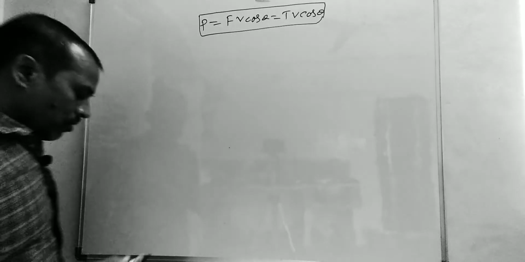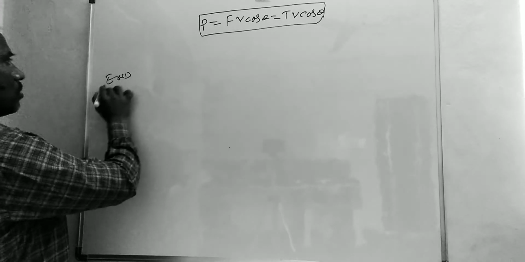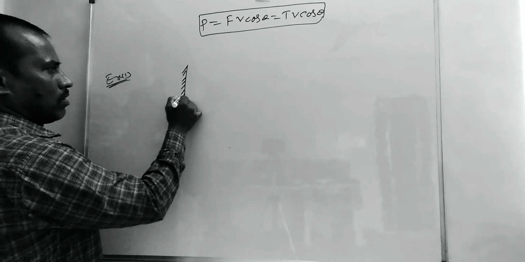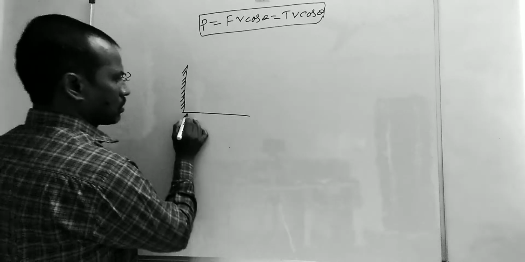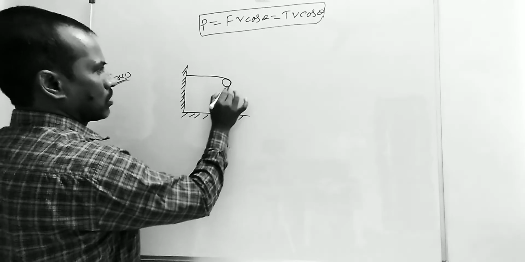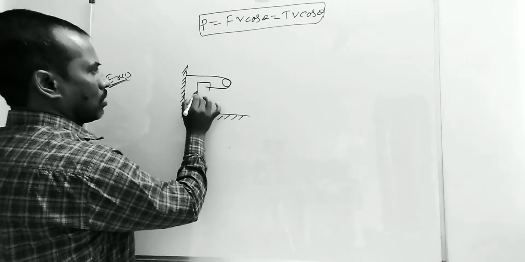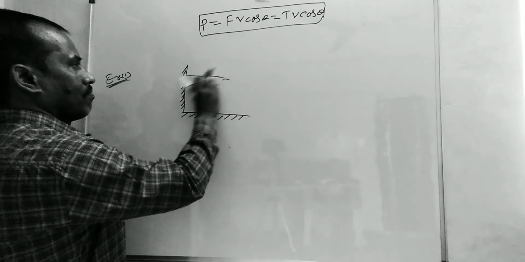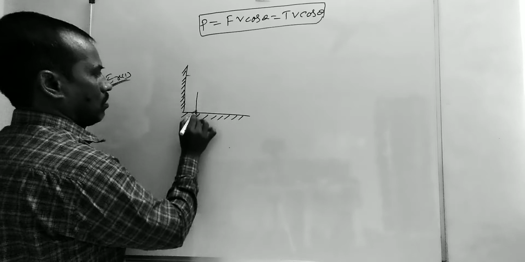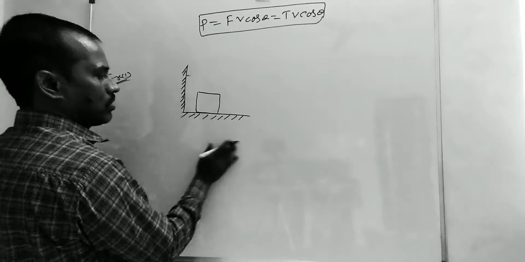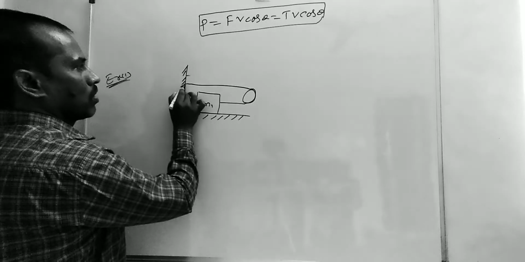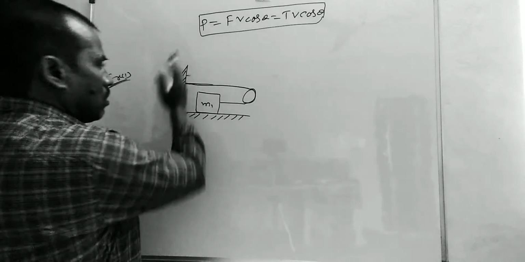Now constraint motions, example 1. For example, this is a rigid vertical wall, this is a surface, this is a string, and this is a block placed on the surface, with mass M1. The string is fixed at the rigid wall.